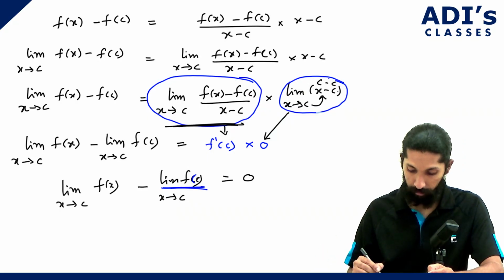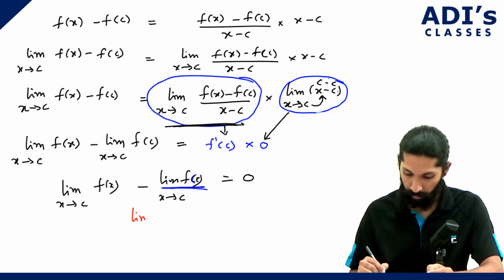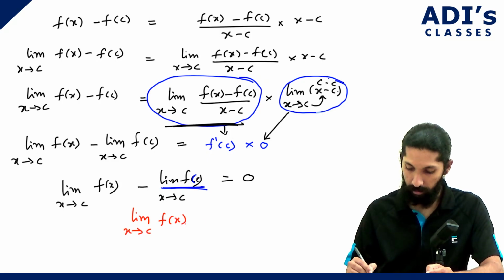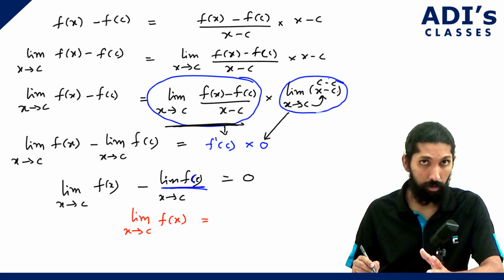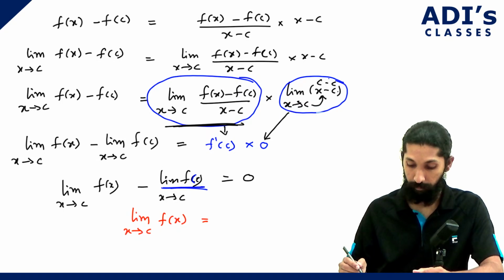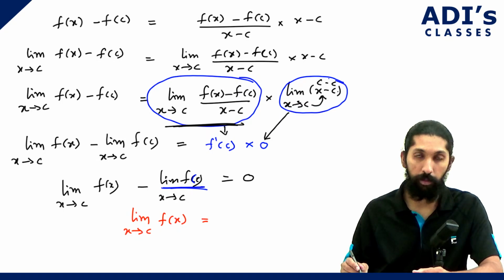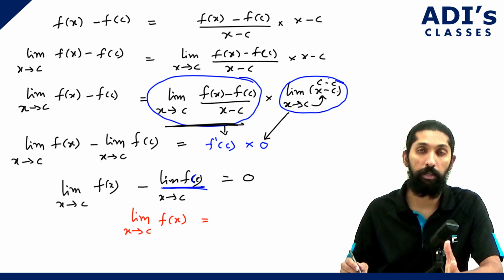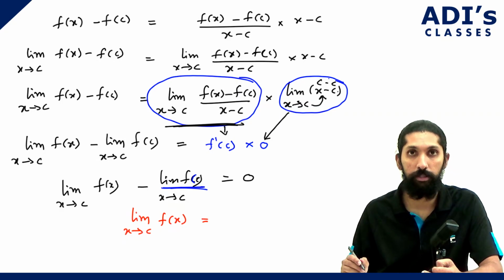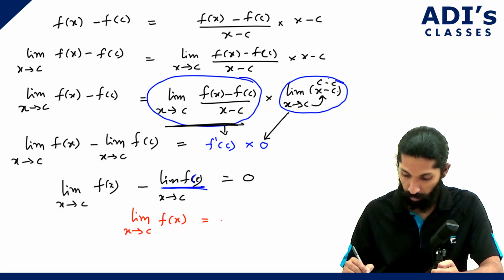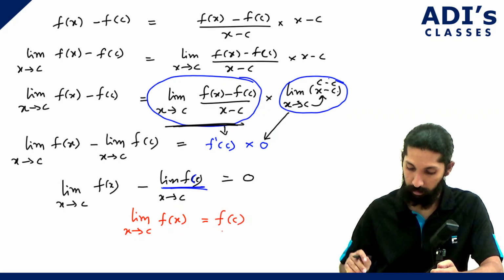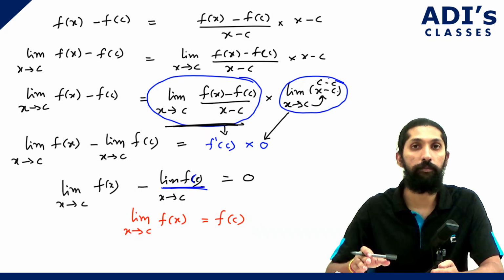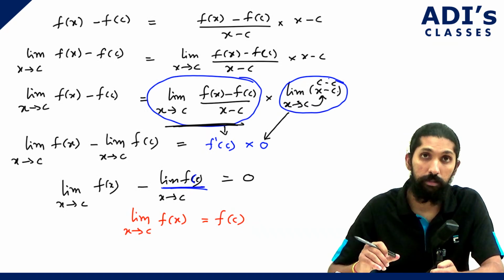If you take it, you'll get limit as x tends to c of f of x is equal to, because this goes on the right hand side, f of c. Limit makes no difference here because f of c is a constant, a particular value, isn't it? Now, isn't this the condition for the function to be continuous?